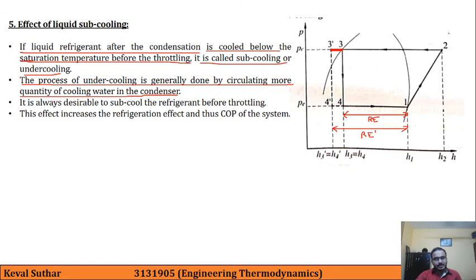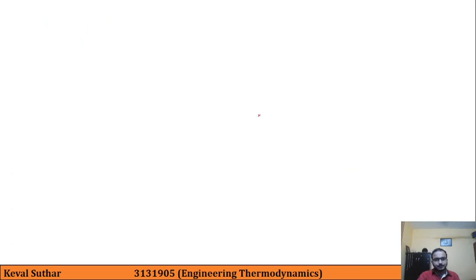So it is clearly seen here that this increases the refrigeration effect, and thus the COP of the system also increases. So subcooling is always desirable, which will increase the performance of our refrigeration cycle.